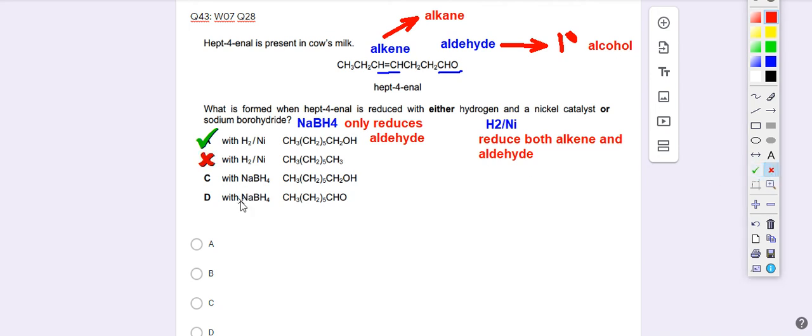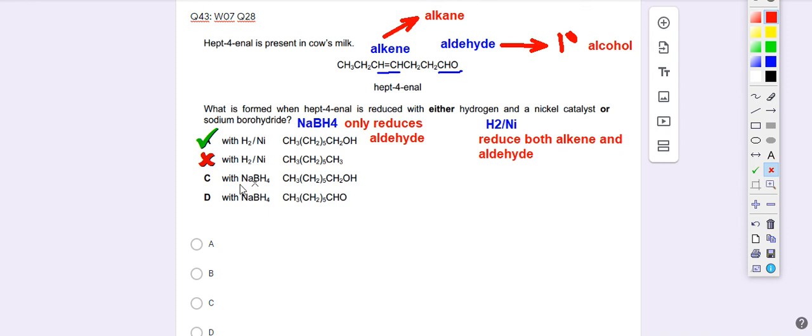They are now using sodium borohydride as the reducing agent. Only the aldehyde can be reduced to a primary alcohol. The alkene should remain the same, with no change, because it is not reduced by sodium borohydride. But look at C. In the product in C, there is no alkene.